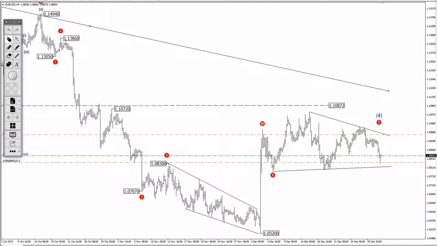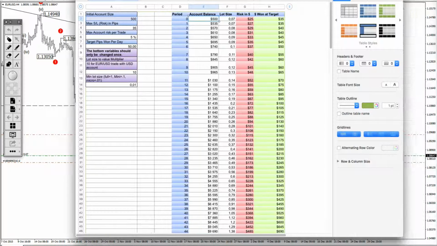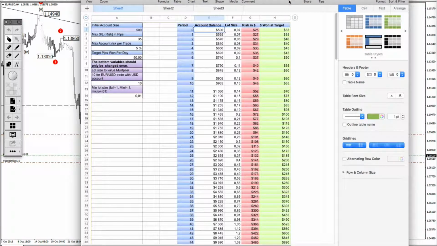So we can actually take a look at the other one. Here is the lot size calculator spreadsheet. I have this on my website for you to download. If you go to forexdaybreak.com/resources or click the resources tab on the navigation bar, there's a download section, and you will find this and the other spreadsheet. In this we can take the account size and put it here.